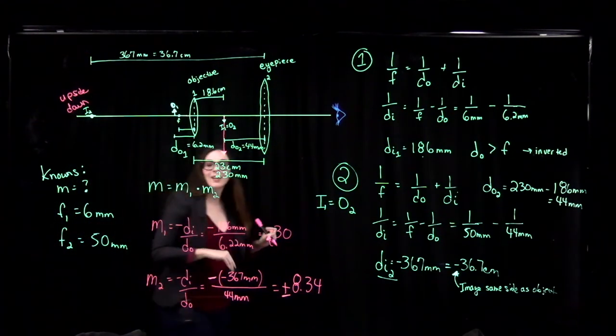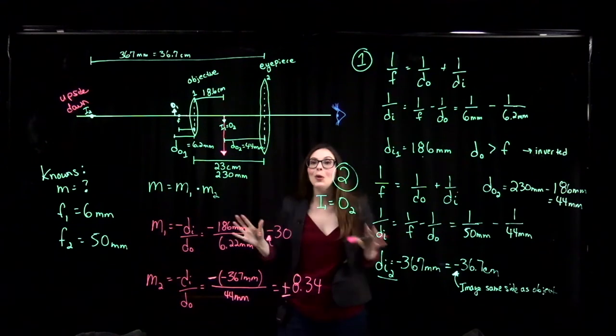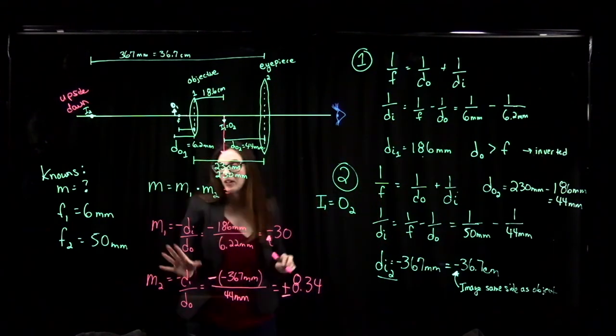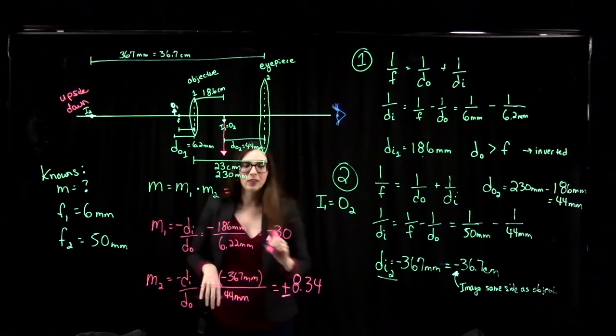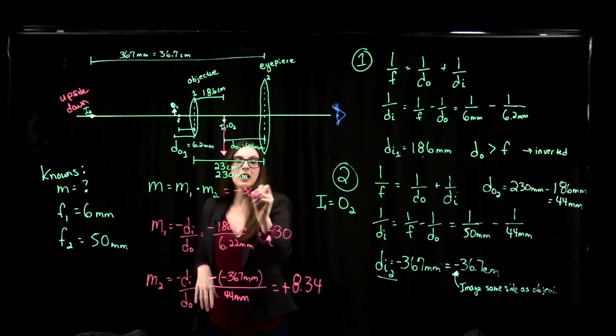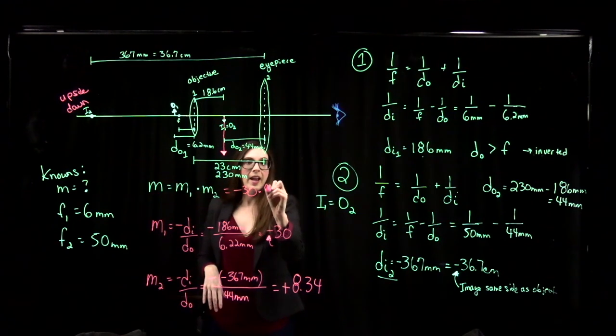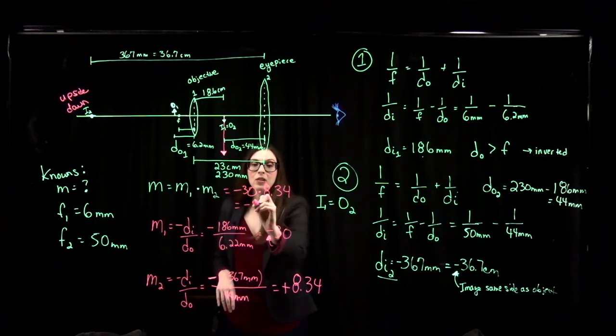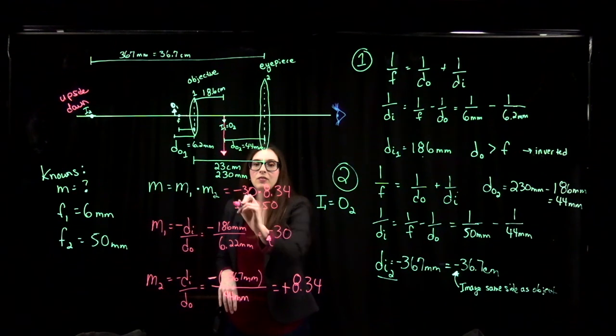Now we can find the total magnification of the system, which is the magnification for my first lens times the magnification of my second, and that would be minus 30 times 8.34. That turns out to be about minus 250.